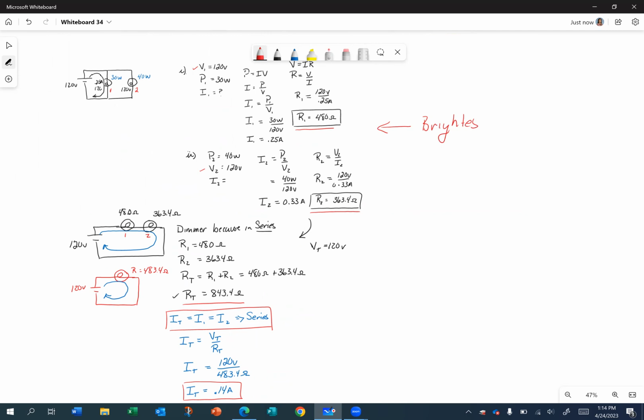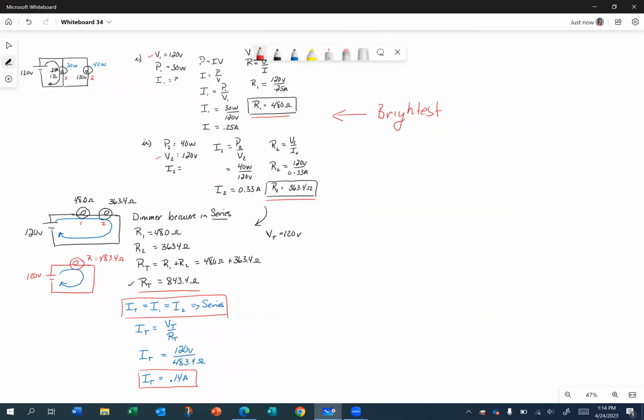Of these two, the series and parallel. So within this, then we would say the 40 watts has the greatest power rating, right? So ranking them in order, 1, 2, 3, 4, you have the 40 watt bulb in a parallel circuit. Then you have the 30 watt bulb, right?